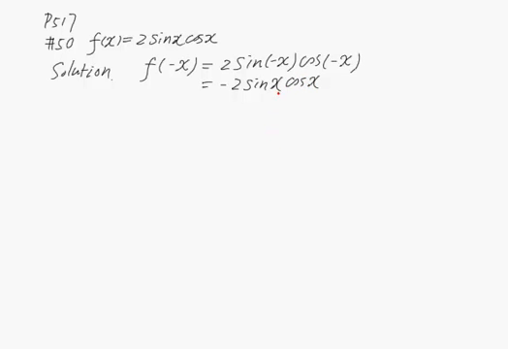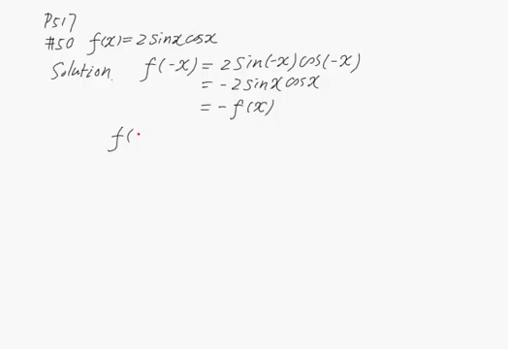And then you compare this with the original f of x to see if it is equal to f of x or negative f of x or neither. So right now, this is equal to negative f of x, right?